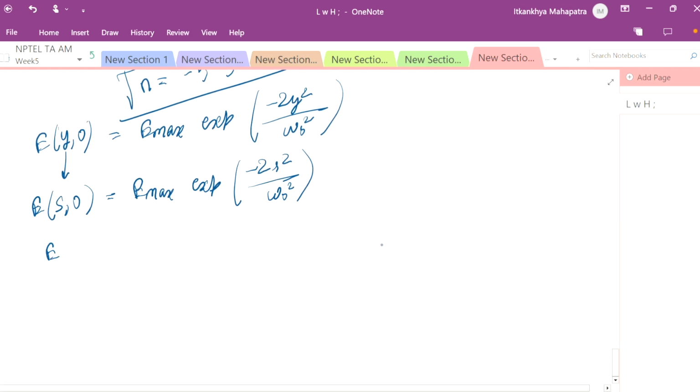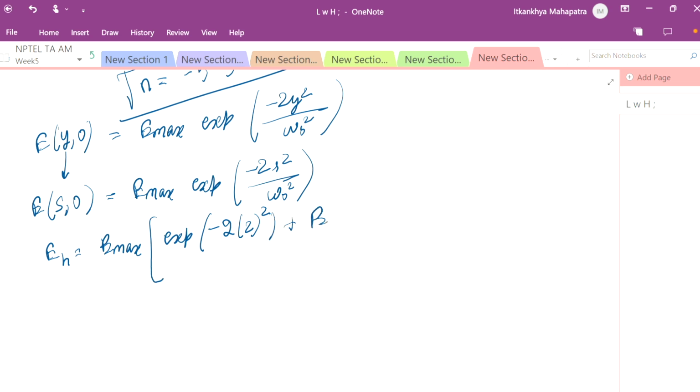Now EH, we'll write the formula for hill. EH is equal to Emax exponent of minus 2 into S square by W naught square, with S equal to 2 whole square, plus Emax at 0, plus Emax exponent of minus 2 into 2 whole square.